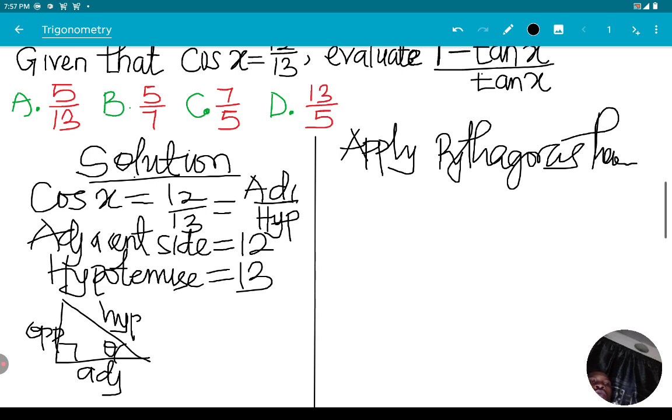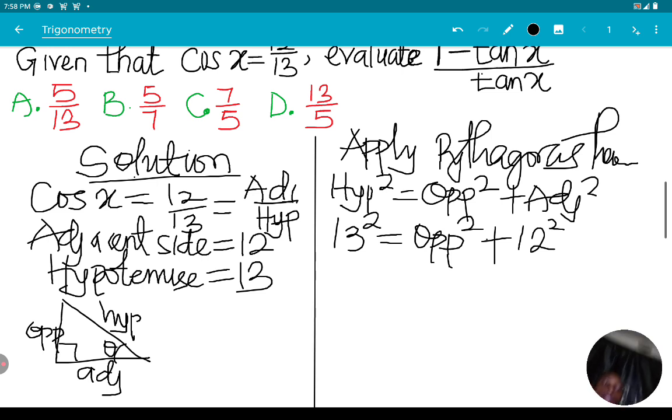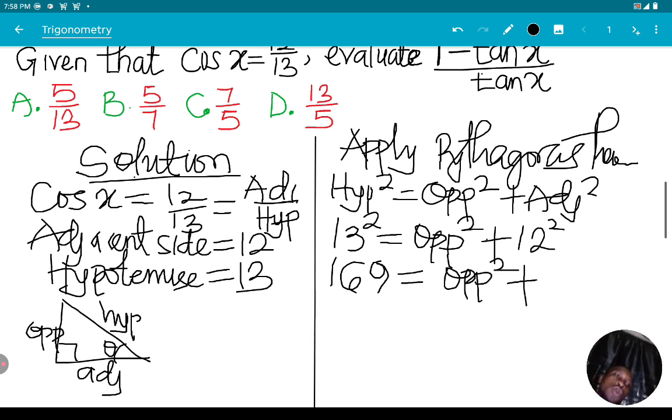Applying Pythagoras theorem, hypotenuse squared is equal to opposite squared plus adjacent squared. The hypotenuse side is 13, so I'm going to have 13 squared is equal to the opposite squared, which is what I'm looking for, plus the adjacent side, which is 12 squared. 13 squared gives us 169, equal to the opposite squared plus 12 squared, that is 144.